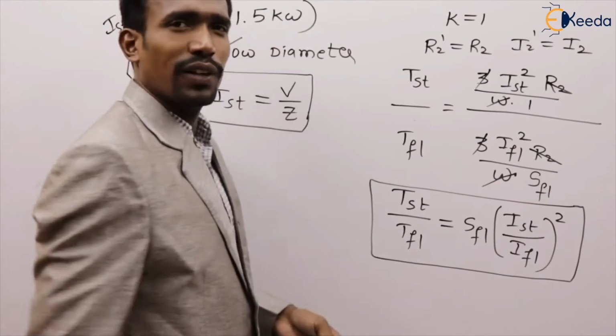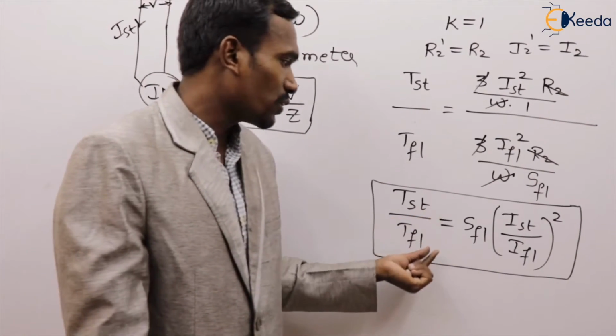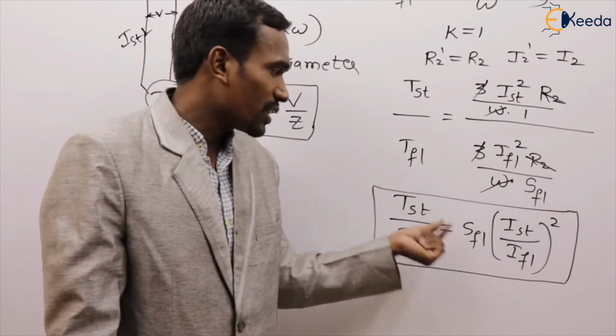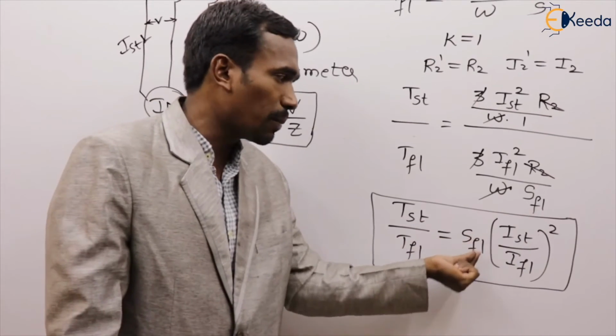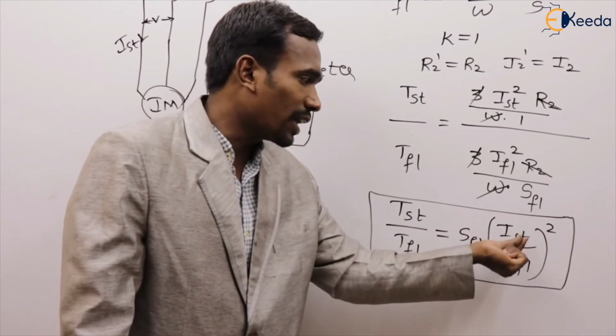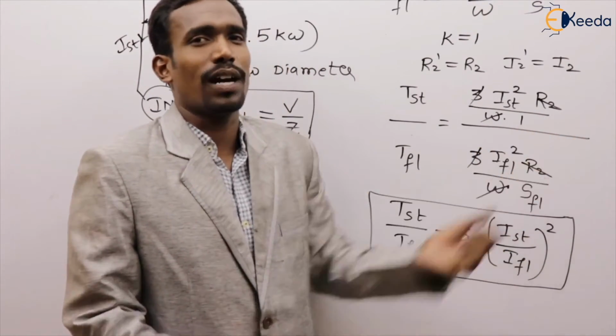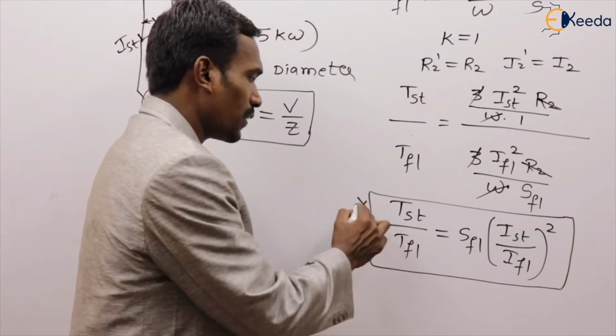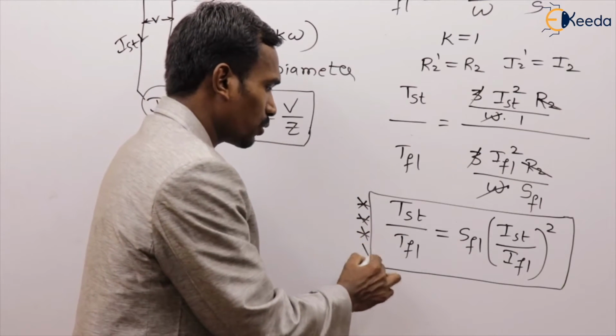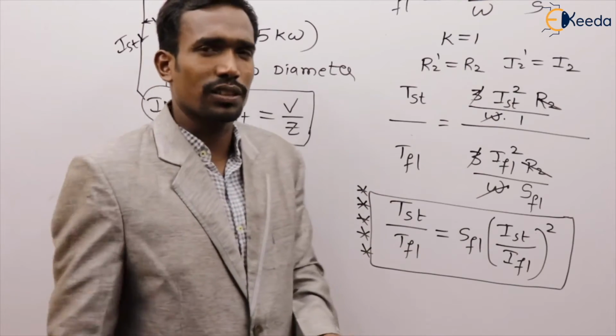Starting torque to the full load torque is equal to slip at full load into starting current by full load current whole square. This is an important formula. There are many questions in the GATE exam also based on this formula.